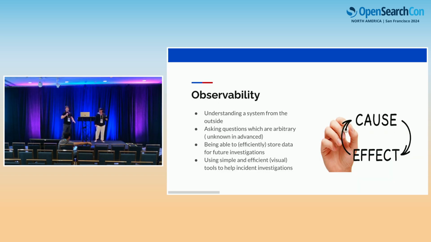Okay, so first of all, we're focusing on observability. And why is it important? Because observability is a key foundation of many of the things that we're doing in OpenSearch. Mainly we're focusing on understanding the system that we're observing. Observability is not only monitoring the system, it's also being able to remediate issues within the system, being able to ask questions on how the system is behaving, and understanding the system without knowing the internals of the system.